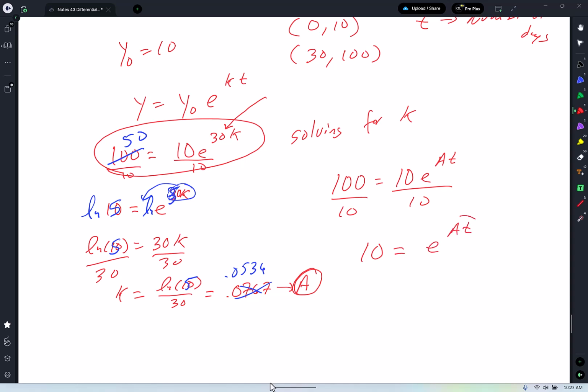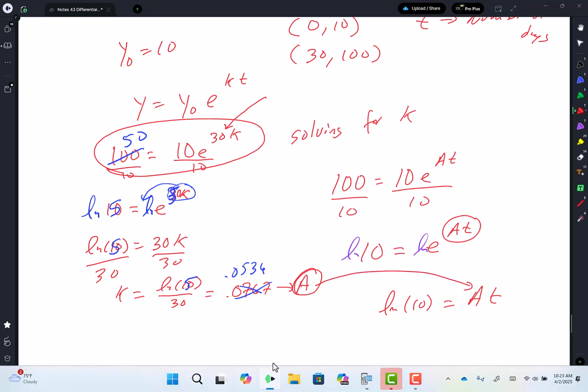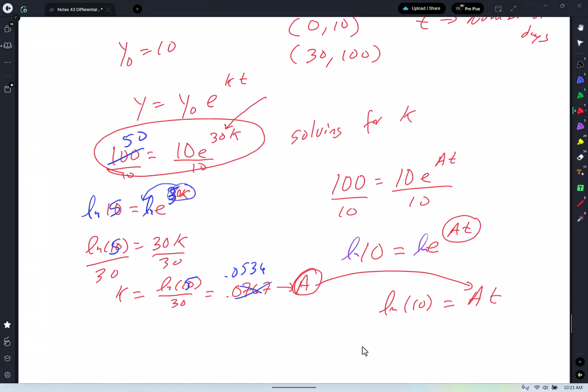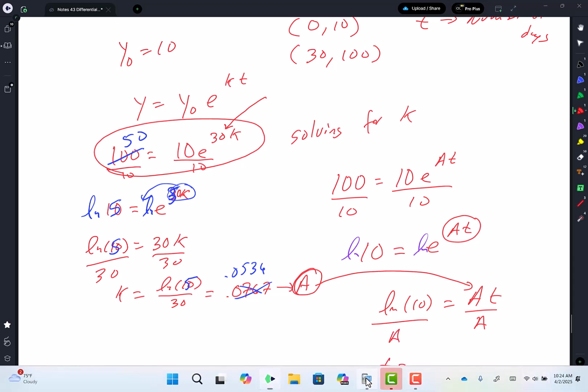And then how do I bring the at down? ln, so ln, so the at comes down. So now I have ln of 10 equals at. That A is this one. Let me make sure that I stored it to A. Yeah, I did. All right, next, all I got to do is divide by A. So this is how long it takes for me to reach a population of 100.